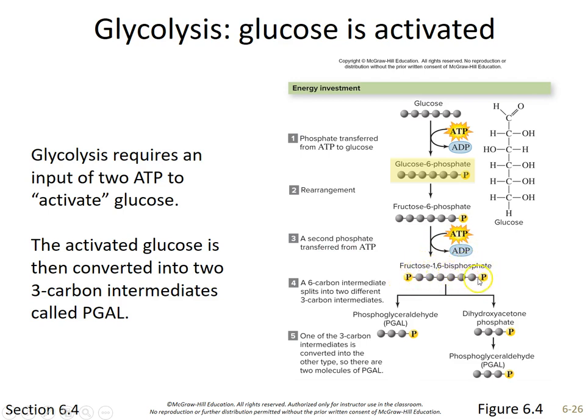The 1 and the 6 tell us which carbons the phosphates are added to, and it's bisphosphate, so 2 phosphates. And then we get a 6-carbon intermediate, which splits into 3-carbon intermediates, phosphoglyceraldehyde, or pGal. One of the 3-carbon intermediates is converted to the other type, so there are 2 molecules of pGal.